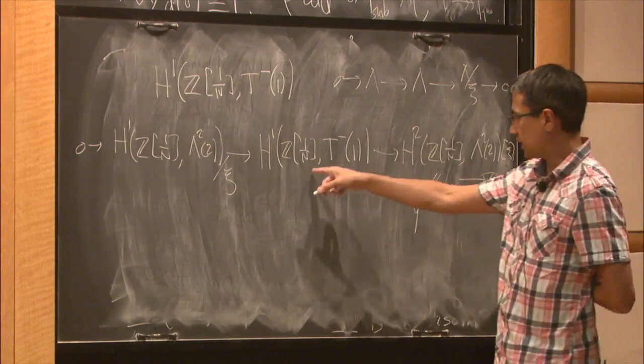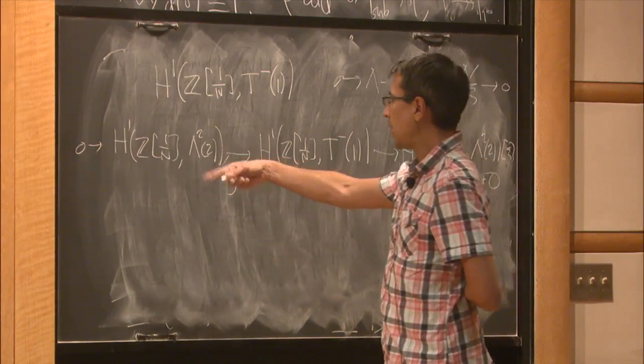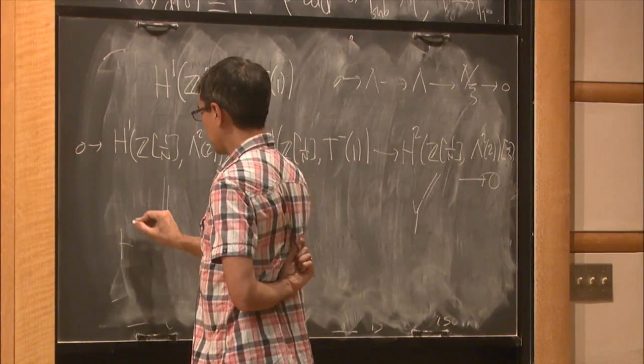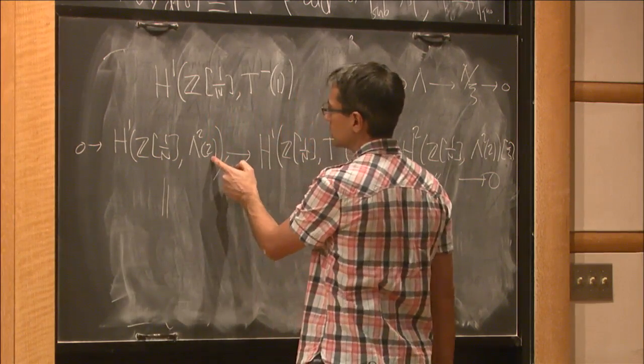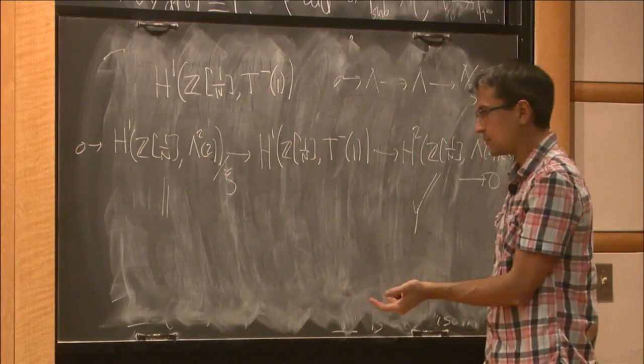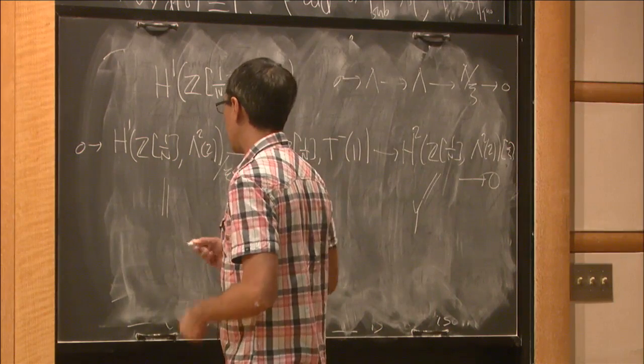So if I want to show that this thing is y, then I just need to show that this group is 0. But this group somehow is coming from units in some sense. In fact, because of the twist by 2, it's coming from minus parts of units. And the only minus parts of units that you have are roots of unity.